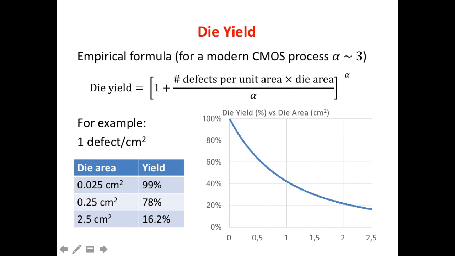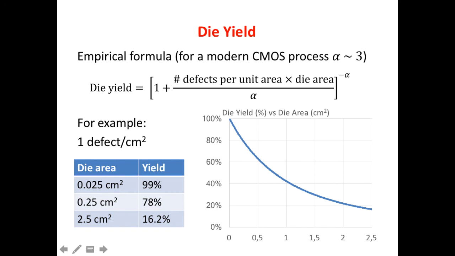For example, if you have just 1 defect per centimeter squared, which is a very small number of defects, you see here, if you have 1 centimeter squared, the yield is already 40%. So you have a significant decrease.